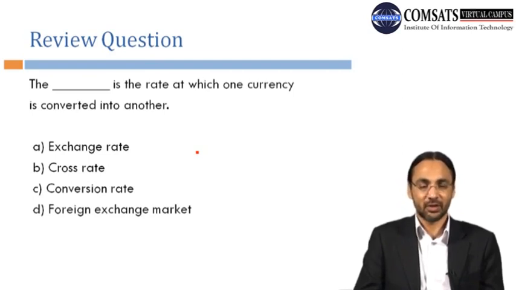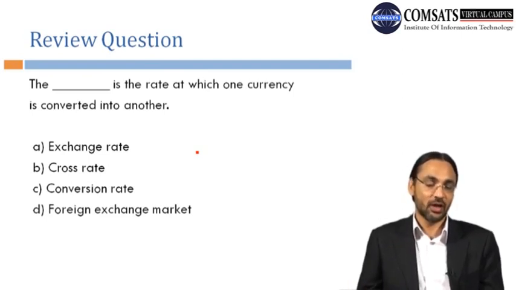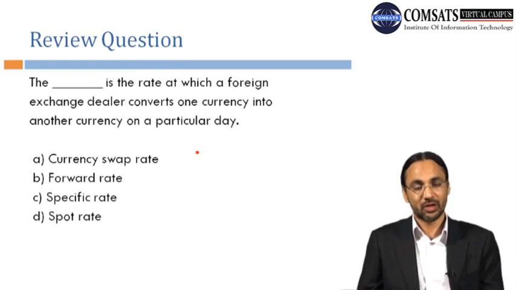The first one is a fill-in-the-blank multiple choice question: the rate at which one currency is converted into another in the foreign exchange market is the exchange rate, cross rate, or conversion rate. The next question: the rate at which a foreign exchange dealer converts one currency into another on a particular day is a currency swap rate, forward rate, specific rate, or spot rate.